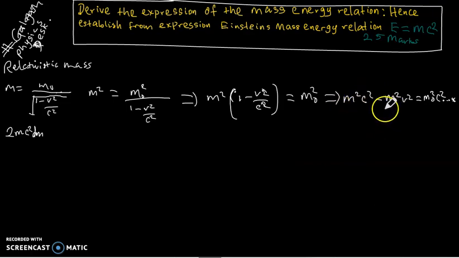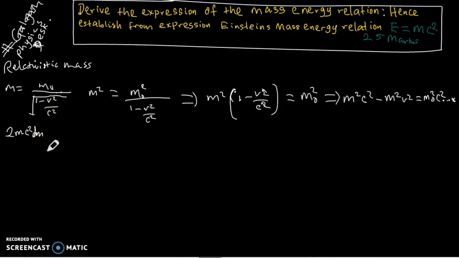If we differentiate m squared v squared, note that here we've got two independent variables, that is m and v, and so we're going to differentiate it twice, with respect to m and with respect to v.